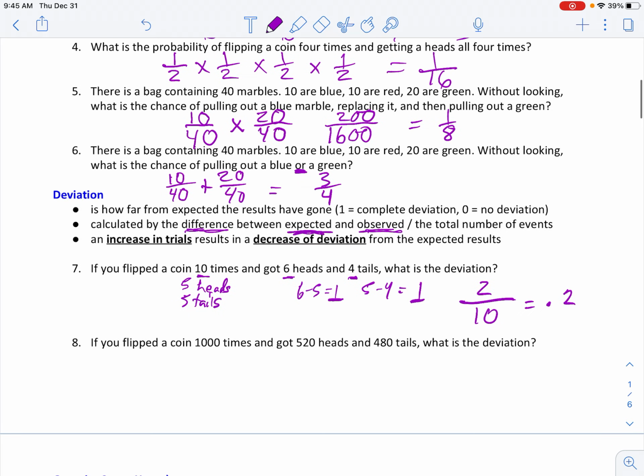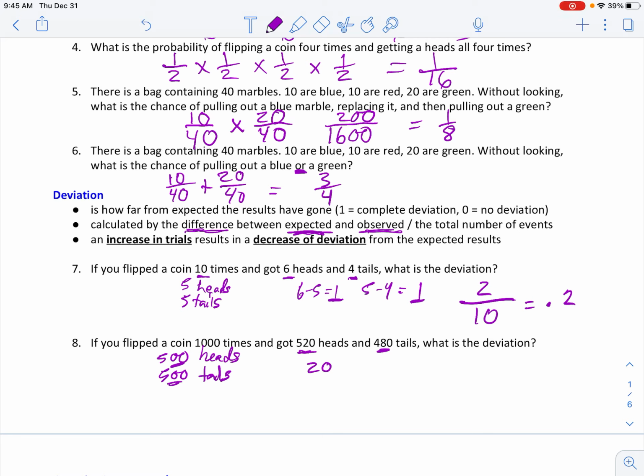What if I flip the coin more, 1,000 times? Well, if I flip a coin 1,000 times, I expect 500 to be heads, and I expect 500 to be tails. Well, I got 520 heads. So the difference between what I expected and what I got, the difference between those two numbers, is 20. Tails got 480, expected 500.